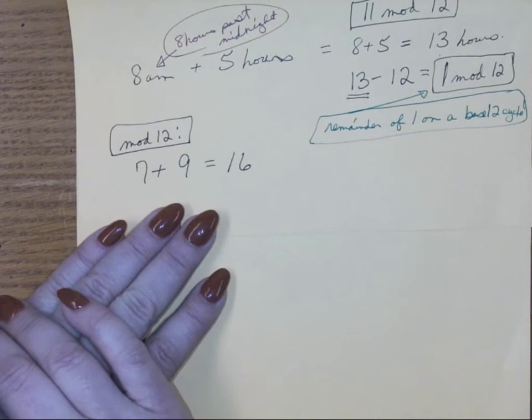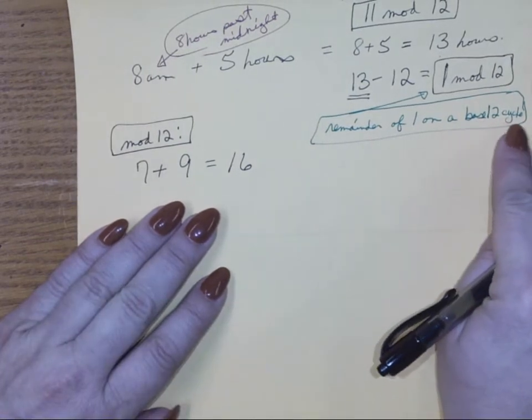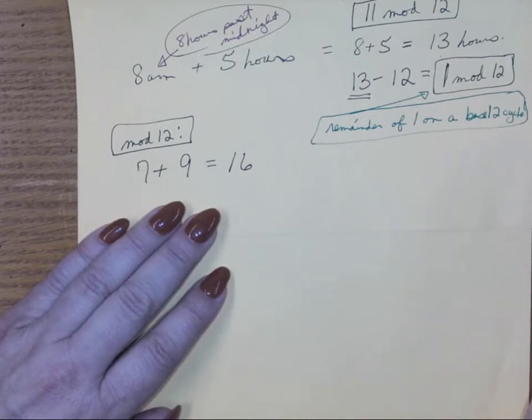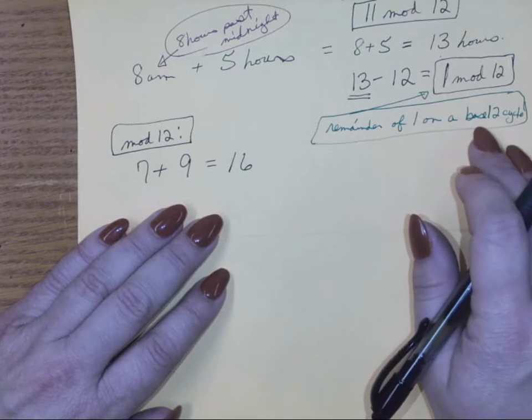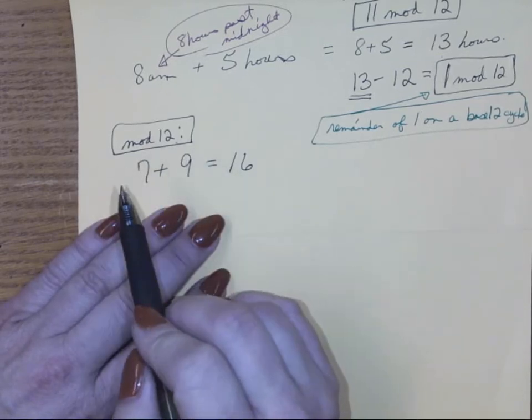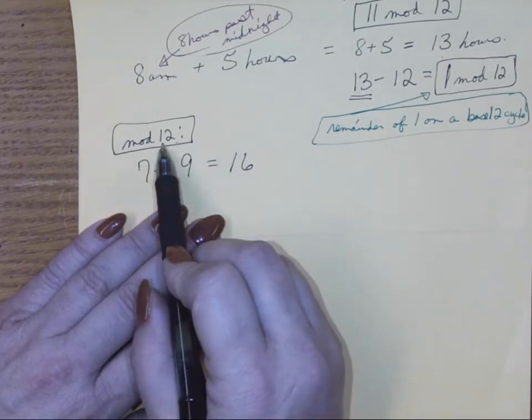However, I know if I start thinking about this, like I said a second ago, a base 12 cycle or a base 12 system, surely you've seen some base 10, base 4, base whatever before. If it was in a base 12 system, that's the modulo thing, okay, mod 12. So I know 16 is way bigger than 12, right?